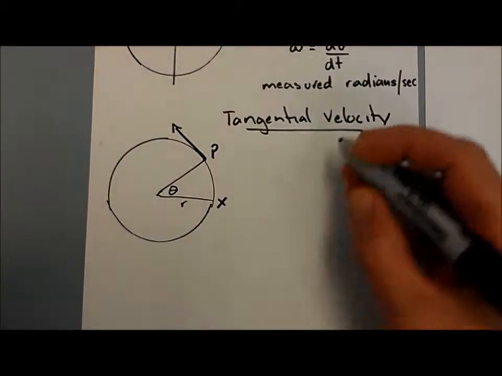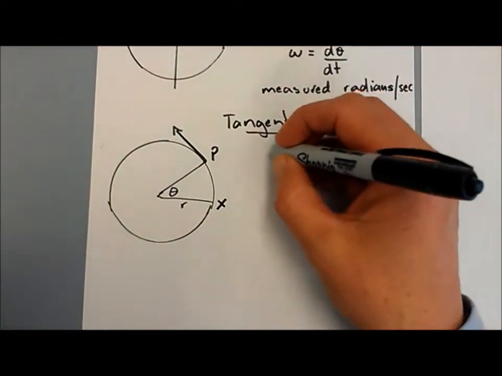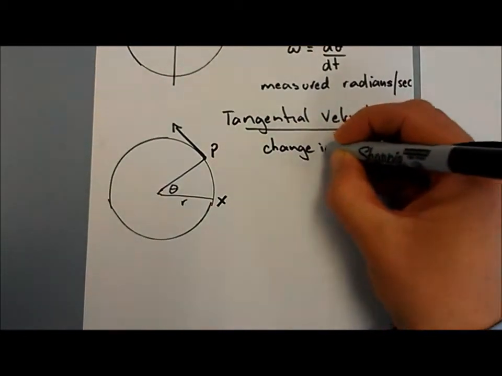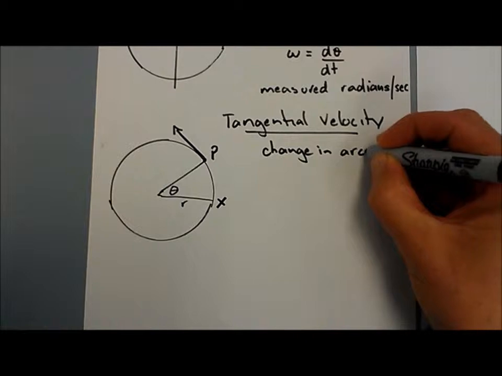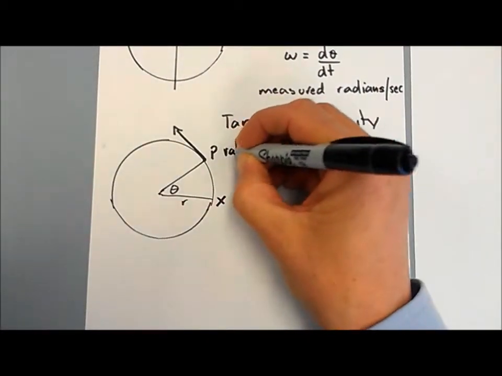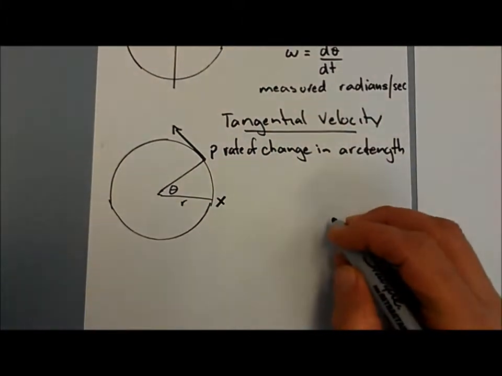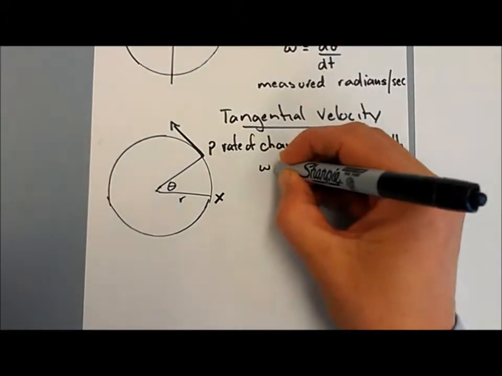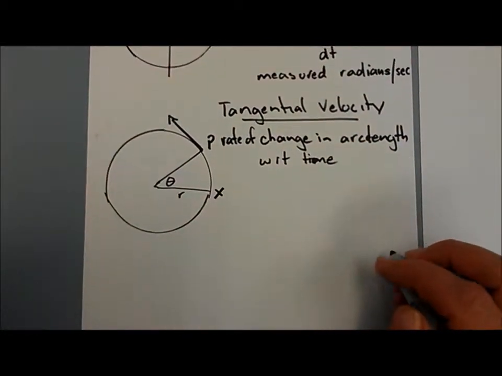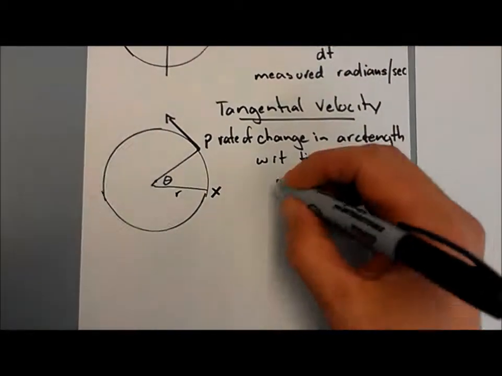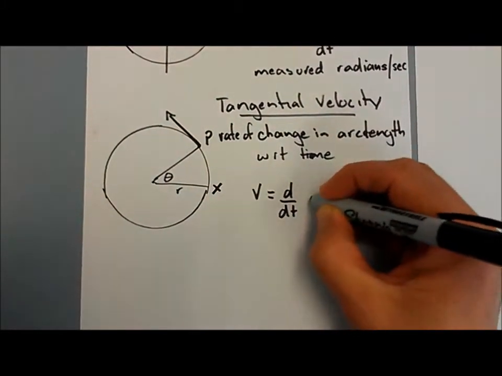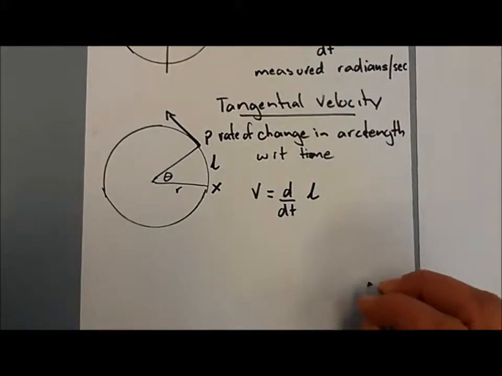And so we define tangential velocity as the rate of change of arc length with respect to time. In other words, our tangential velocity is the rate of change of L, with L being the arc length.